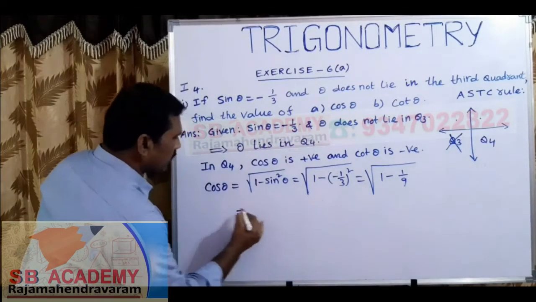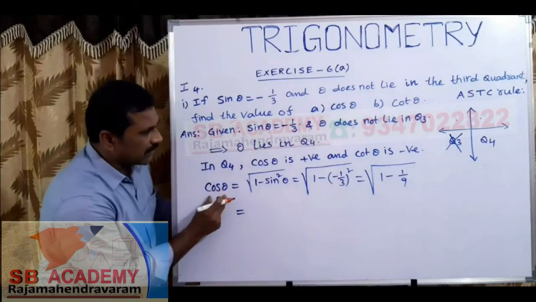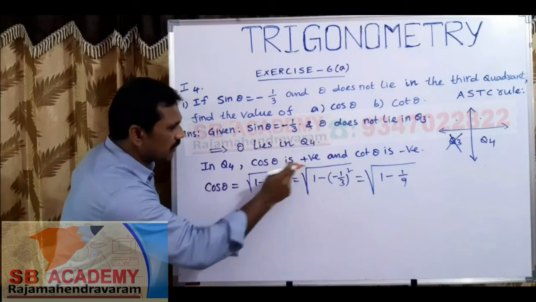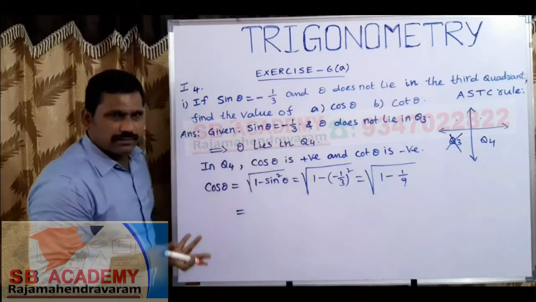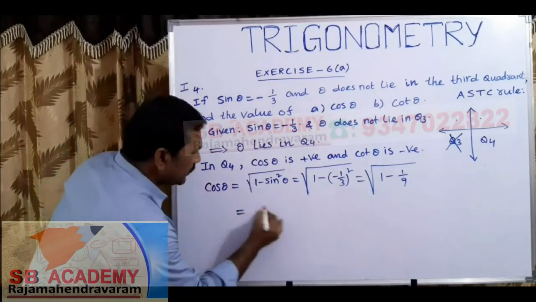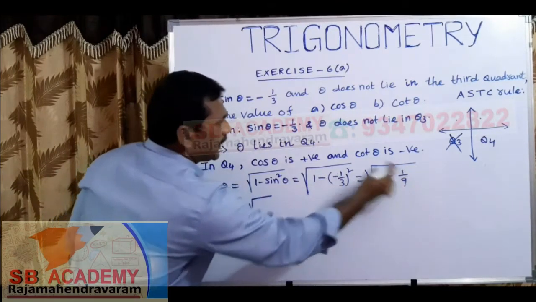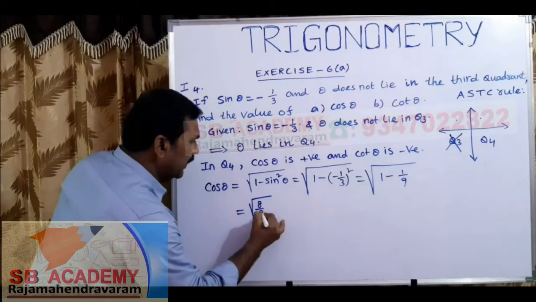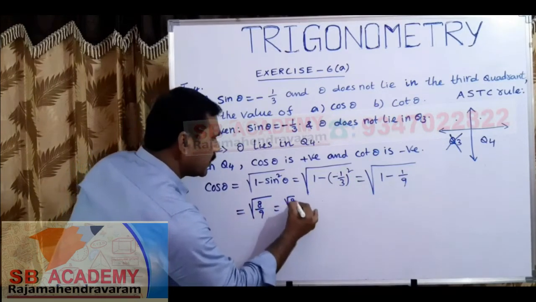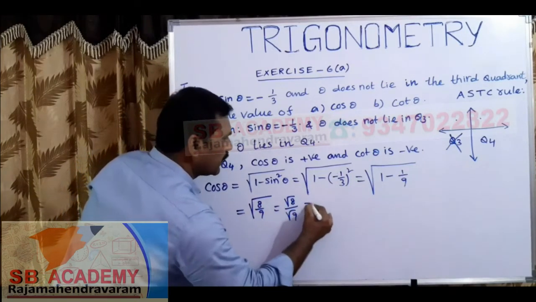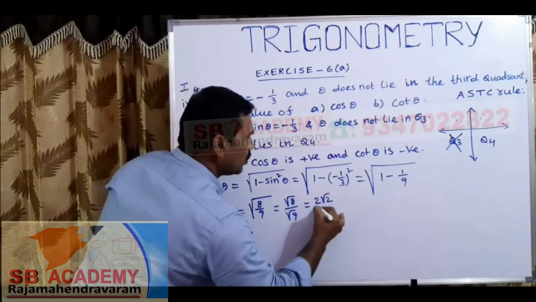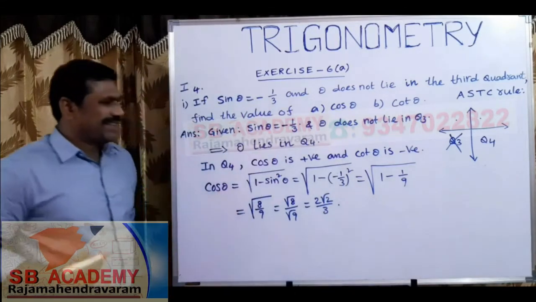Which equal to, remember, this cos theta is positive in Q4, right? So root of 1 minus 1 by 9, 8 by 9, that is root 8 by root 9, that is 2 root 2 by 3, right?